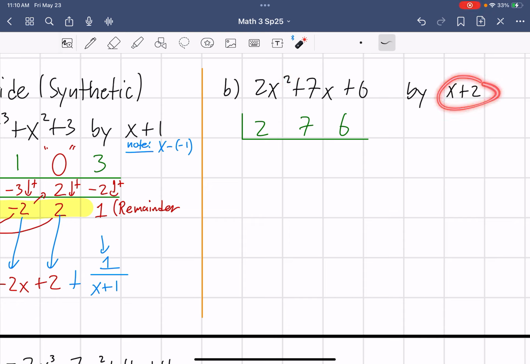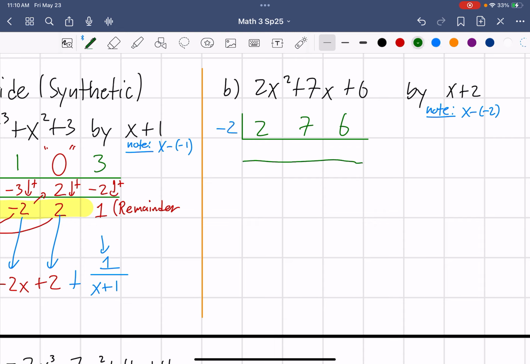But once again, let's make a quick note. We have this x plus 2. It's really x minus negative 2. And that's what I'm going to use when I do this. So remember the first one, it comes straight down. You multiply.